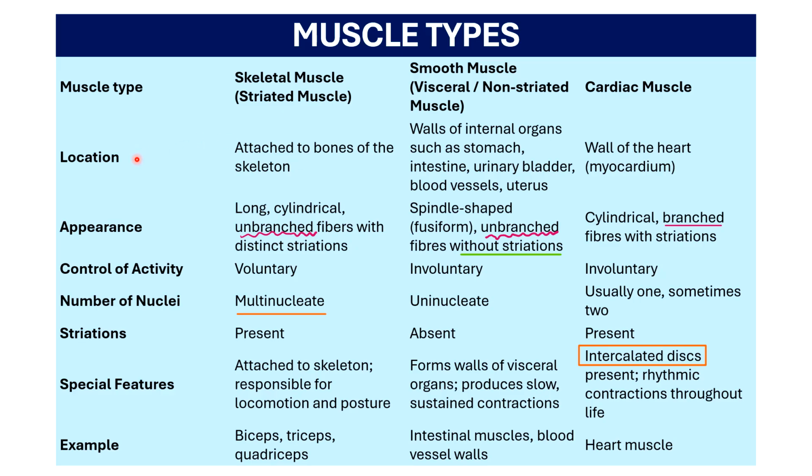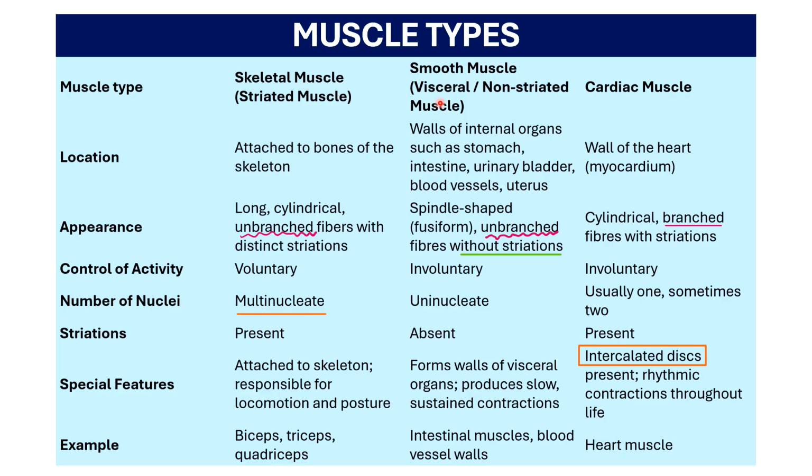Based on the location, appearance, and special features, we can classify muscle into three main types: skeletal, smooth, and cardiac muscle. Skeletal muscles are attached to the bones and help in locomotion as well as maintaining the posture. Example, biceps, triceps.